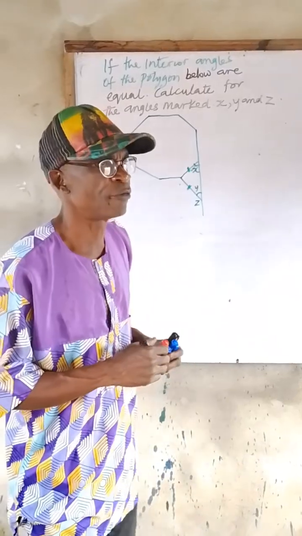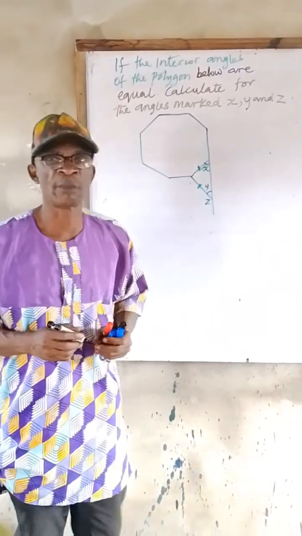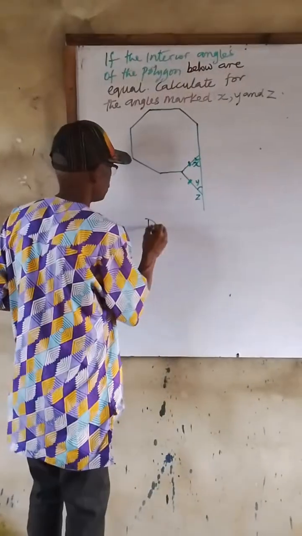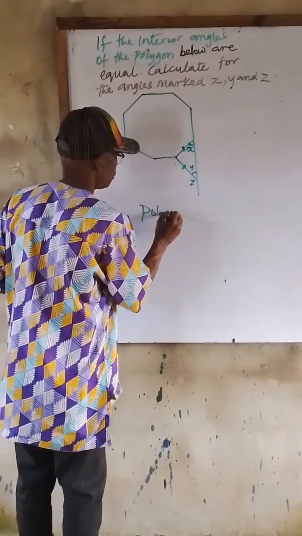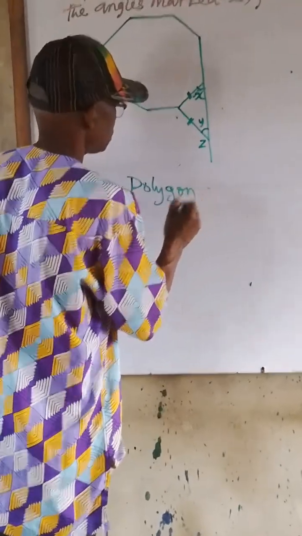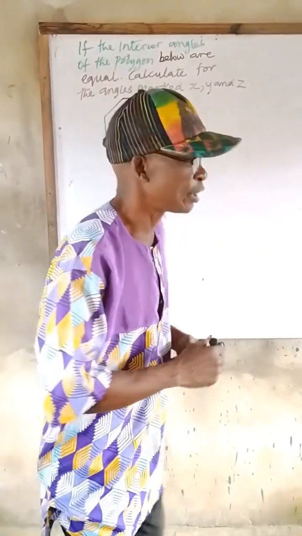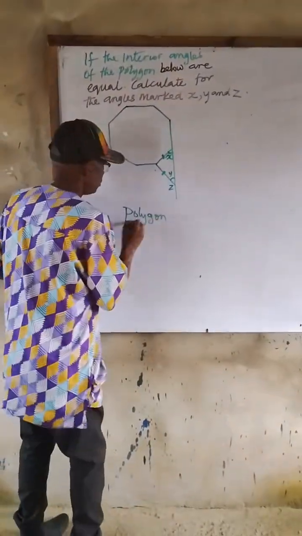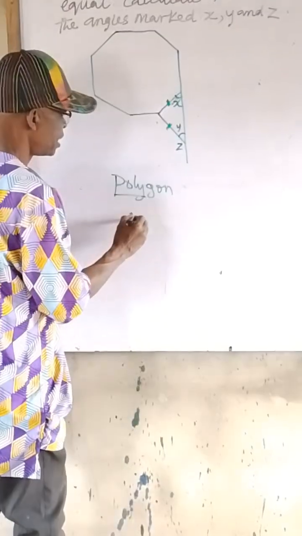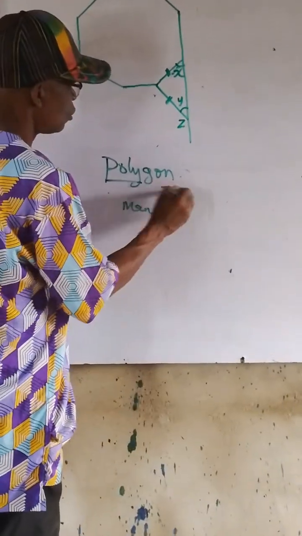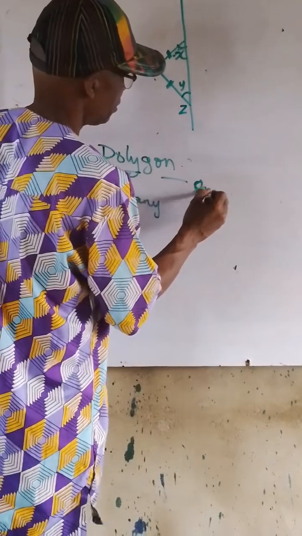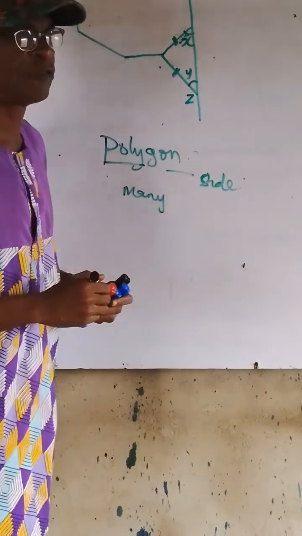Now, remember, I revealed to you people that when we talk about polygon, it is not an English word. It is a Greek word. Two Greek words. The word poly means many, and gon means what? Side. That is many-sided figures.